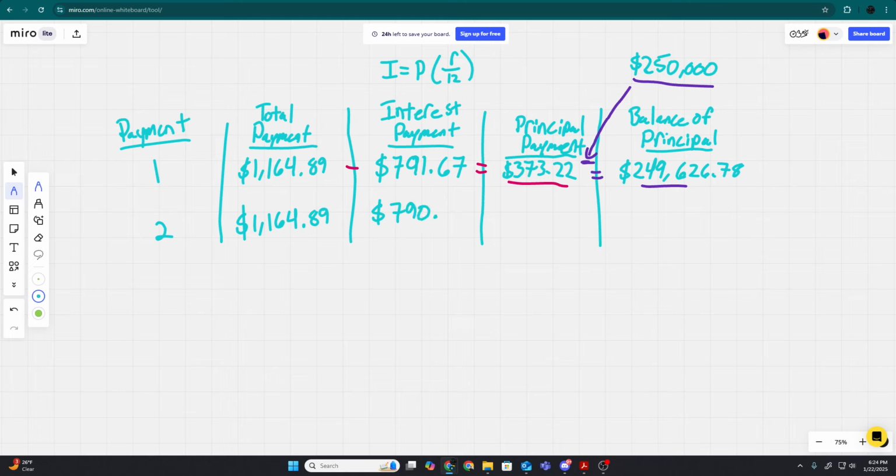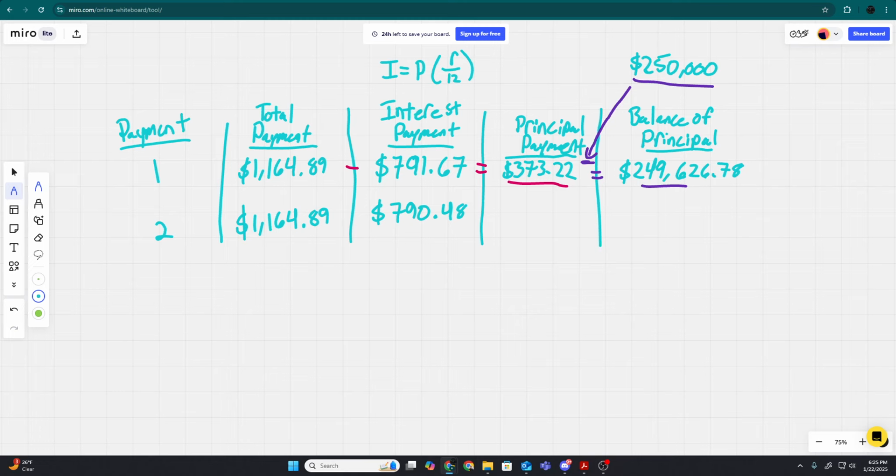So we get $790.48. Okay. So this would be our new interest payment. So it went down by just about $1.20. Okay. So it went down a little. It's not going down very quickly, but it does decrease.